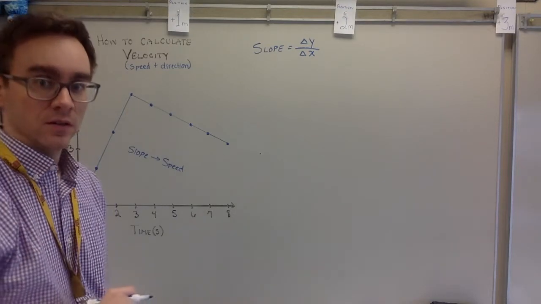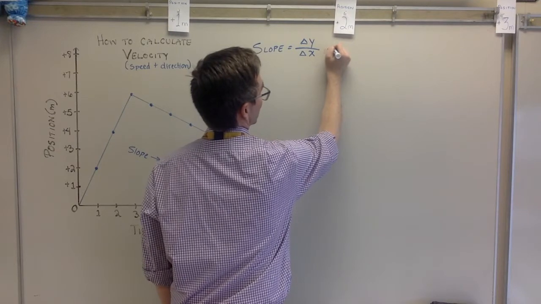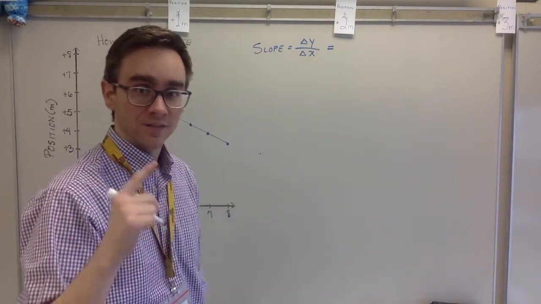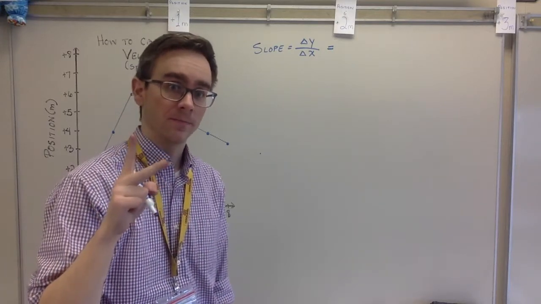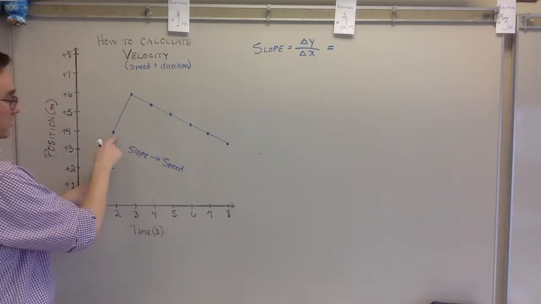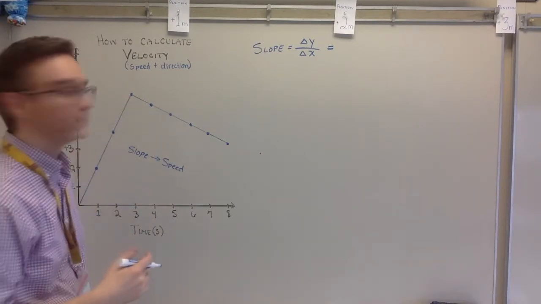All right, which then we would calculate as actually being, to do that, we need to get 2 points on the graph, on the line. To find the slope, you need 2 points. So you would just pick this one and this one, or this one and this one, or this one and this one, just depending on which part of the line you're talking about.